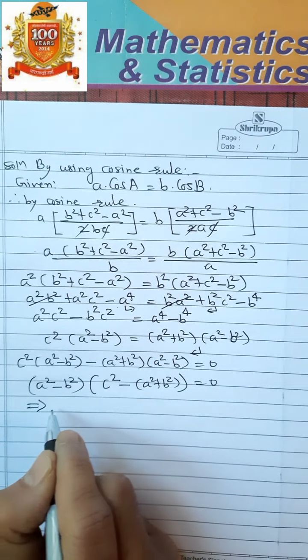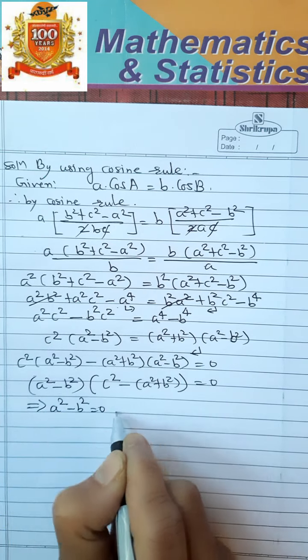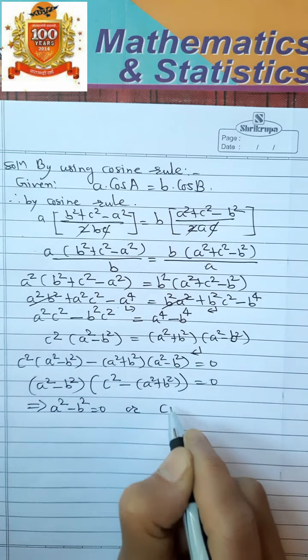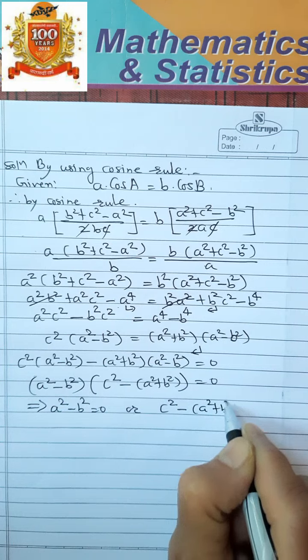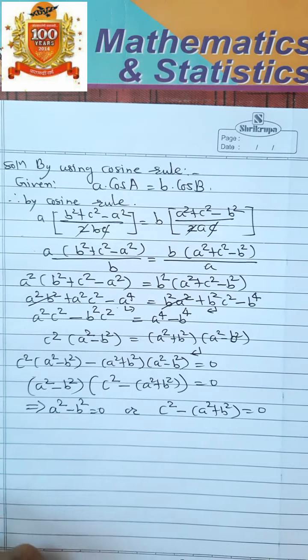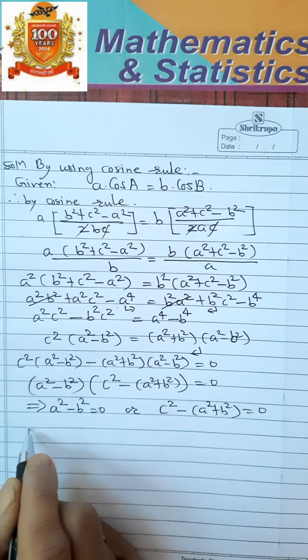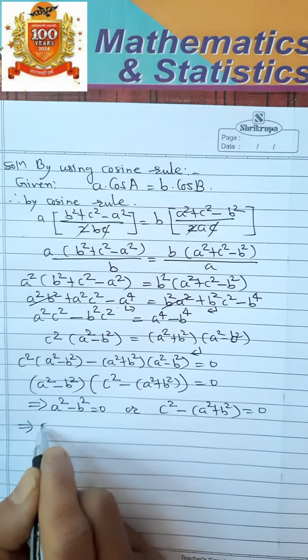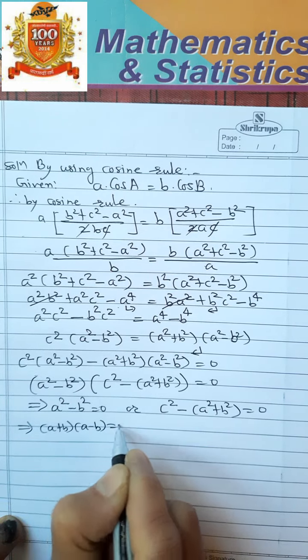This implies that A square minus B square is equal to 0, or C square minus A square plus B square is equal to 0. Isn't it? This implies that A plus B into A minus B is equal to 0.